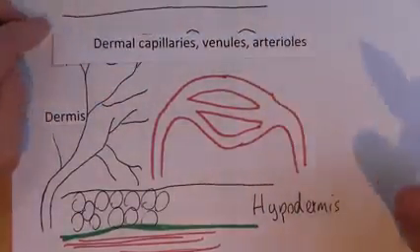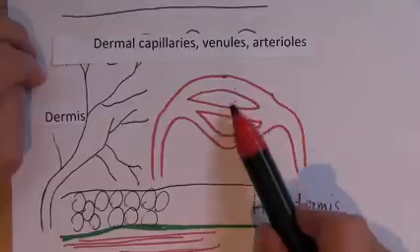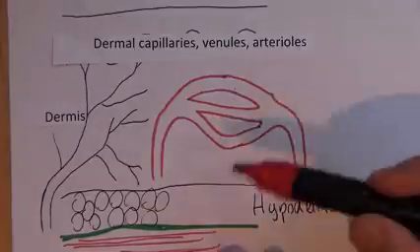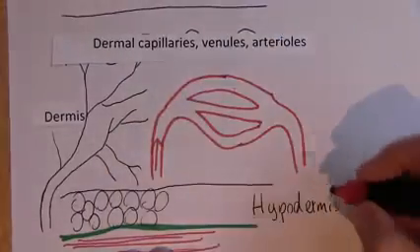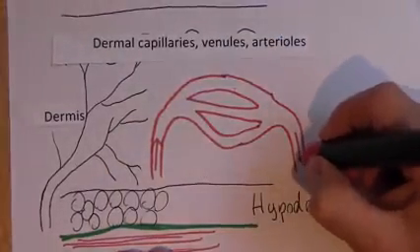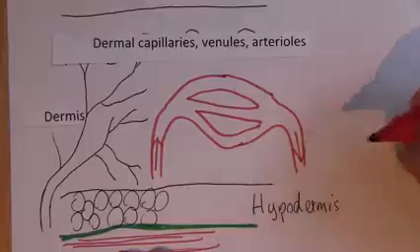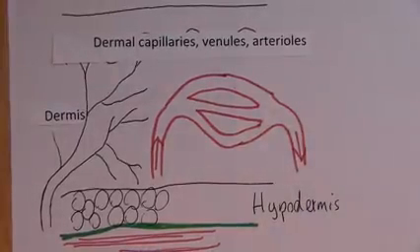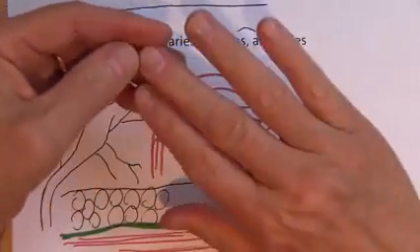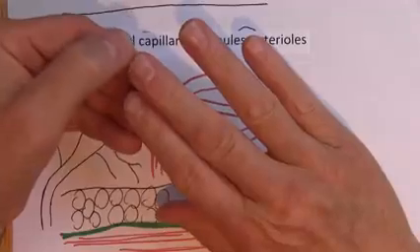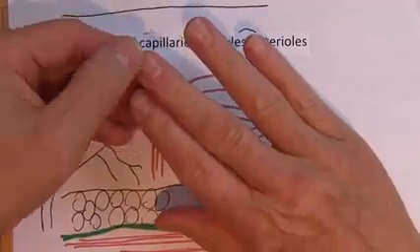So what we have are dermal capillaries, millions of dermal capillaries. The arterioles, of course, taking the blood in. The venules taking the partly deoxygenated blood away. And these are in the dermis, and they're also in the fingernail beds.